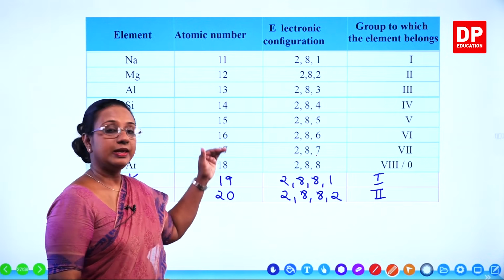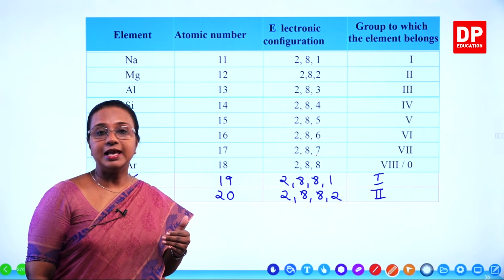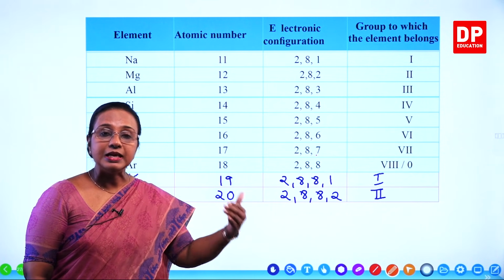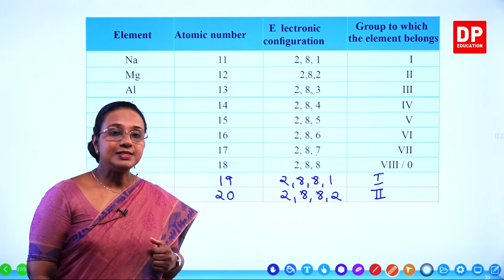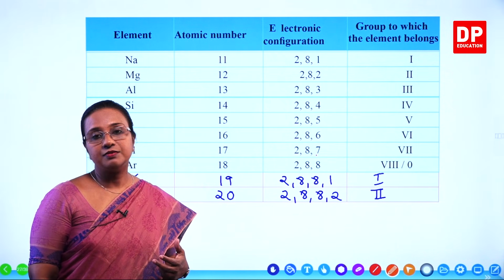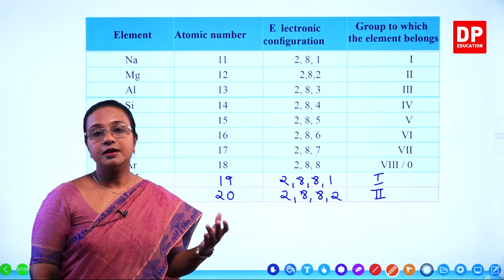So now we have arranged or divided the first 20 elements into periods and groups. We will see how we can identify the position of an element in a periodic table.